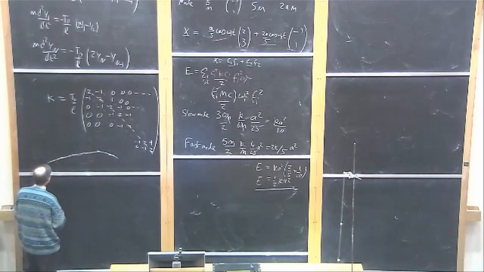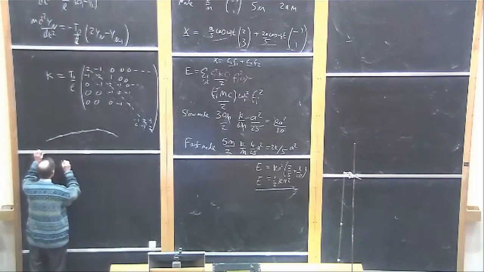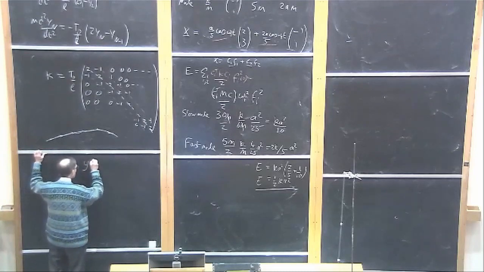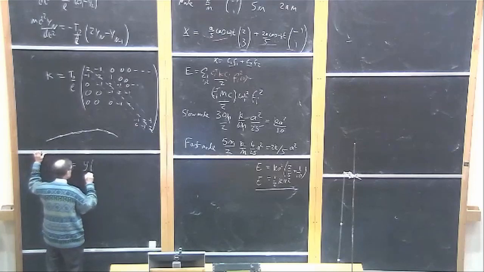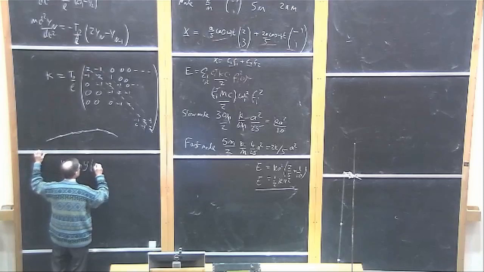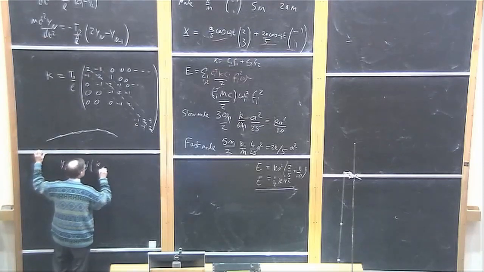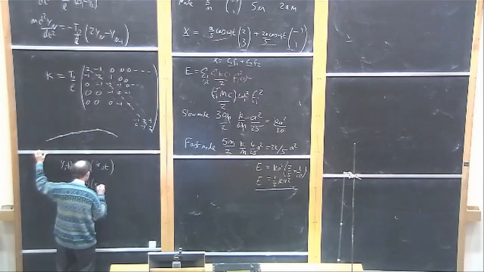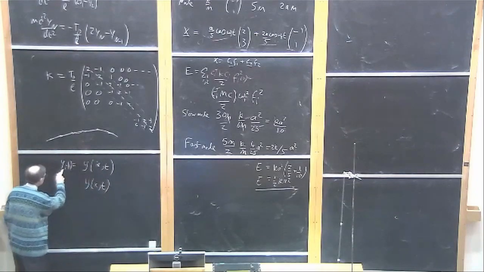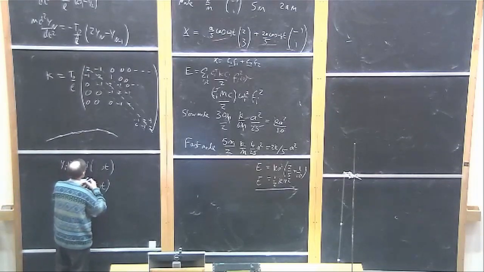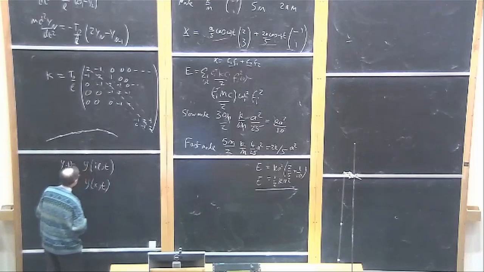And so if I wanted to, I could replace yi as a continuous function y of x. So yi as a function of t is a continuous function y of x and t evaluated at the point iL. So I introduce a continuous function y of x and t for which the particular values of yi are just evaluated at iL.